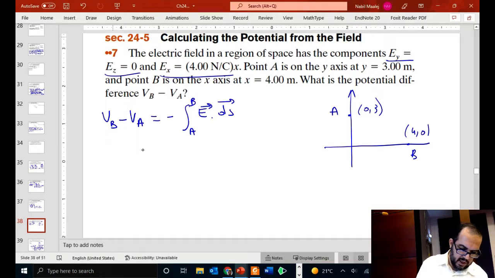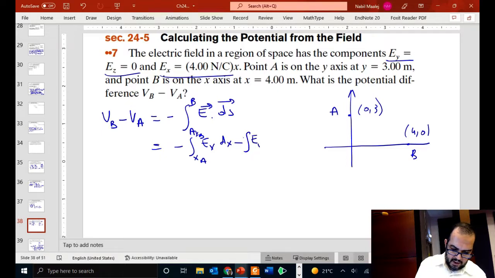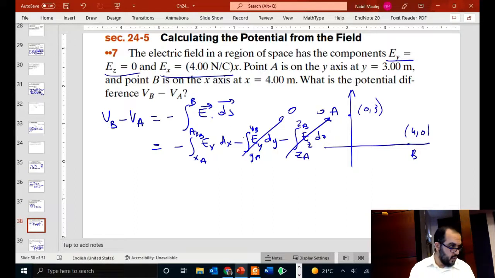So I can write this as minus the integral of Ex dx going from XA to XB, minus the integral of Ey dy going from YA to YB, minus the integral of Ez dz going from ZA to ZB. But we know this is 0 and this is 0. So we end up with only minus the integral of Ex dx going from XA to XB.